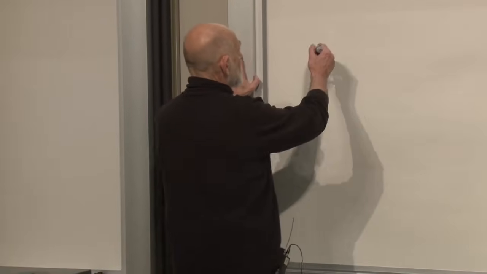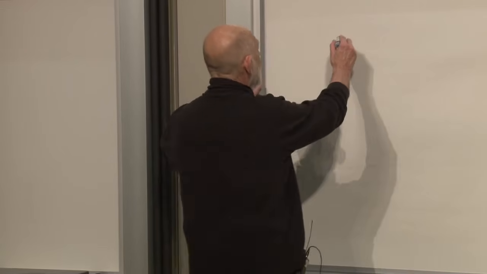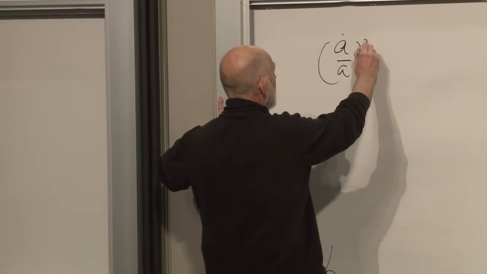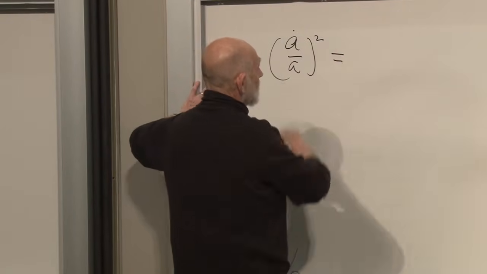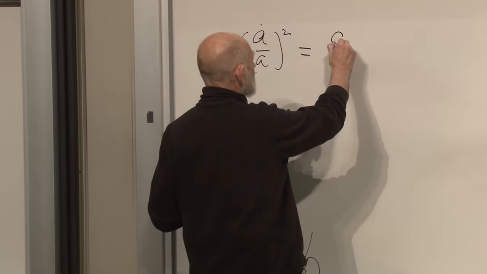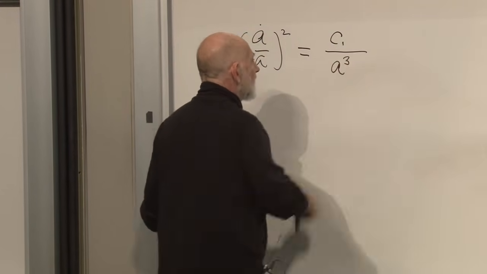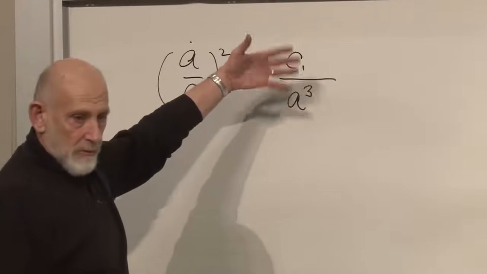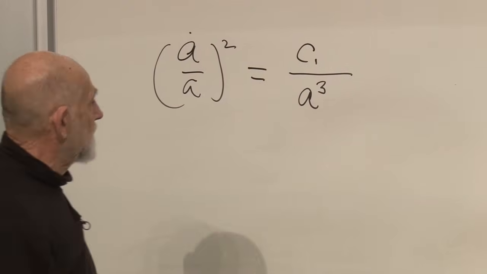So the kind of equation that we're going to have, I'm not going to write the details, I'm going to write down the general form of it, will be a dot over a squared. And that's going to have two terms now, one of which, call it constant number 1 divided by a³. That's ordinary particles. The constant C1 is just some measure of the number in each box.